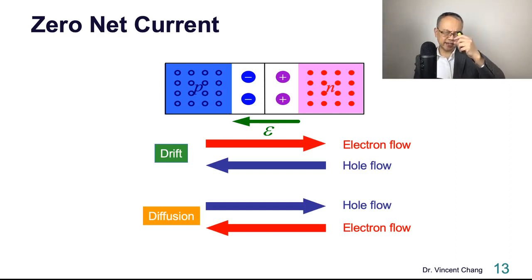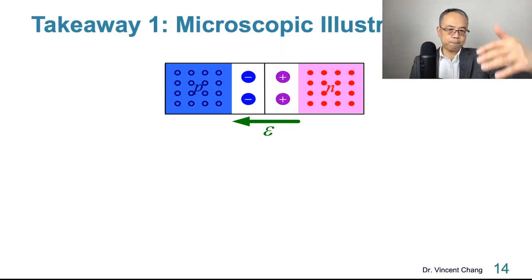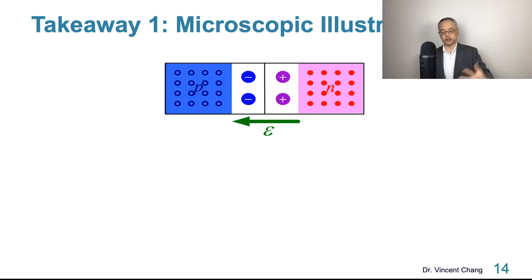So in the thermal equilibrium condition for an open circuit p-n junction, the net current should be zero. All right, we are approaching the end of the lecture. So two key messages I want to convey. Number one, the microscopic illustration for a p-n junction in a thermal equilibrium condition.